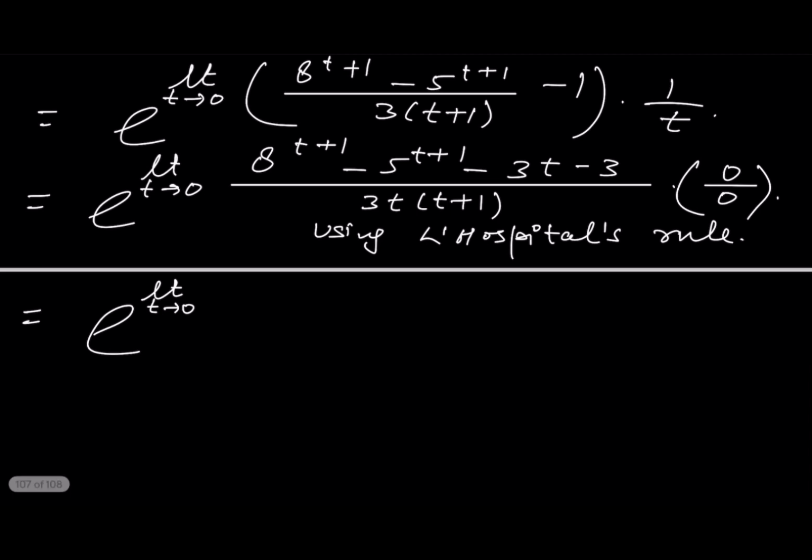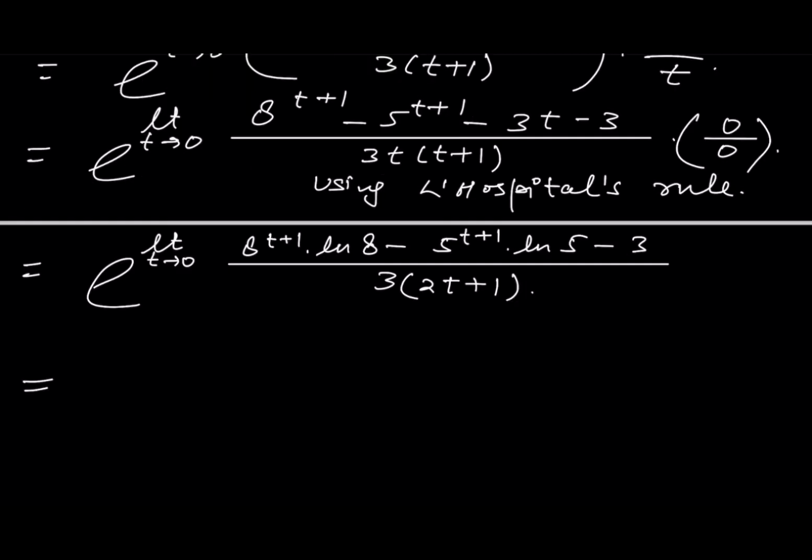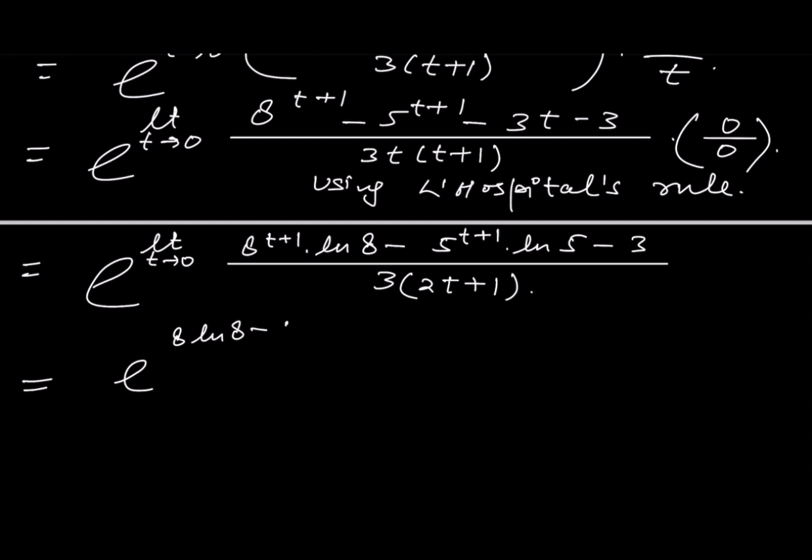So this will become 8 to the power t plus 1 into ln 8 minus 5 to the power t plus 1 into ln 5 minus 3, upon 3 times (2t plus 1). Again, if I put the limit, then the form is not indeterminate. It is now a determinate form. So e to the power (8 ln 8 minus 5 ln 5 minus 3) upon 3.